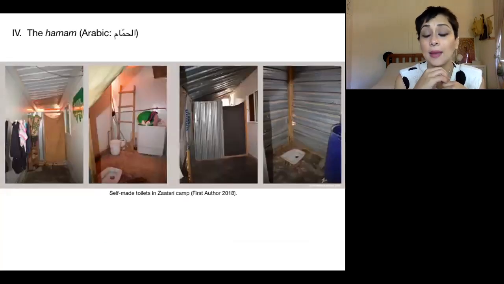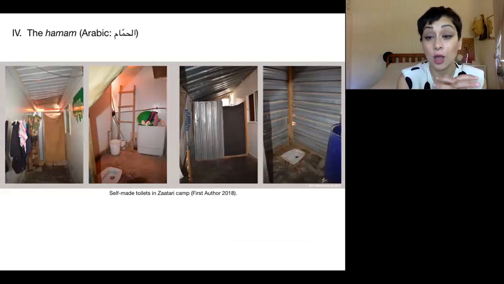And then there is the hammam, the toilet space. In humanitarian settlements, usually toilets are communal and shared. In Zatari, in the planning of the camp, communal toilets were shared between 50 people.